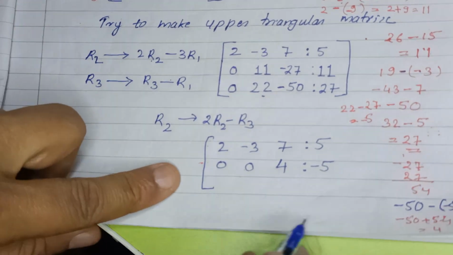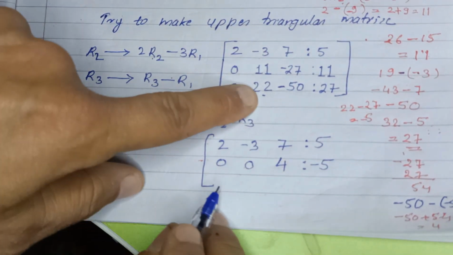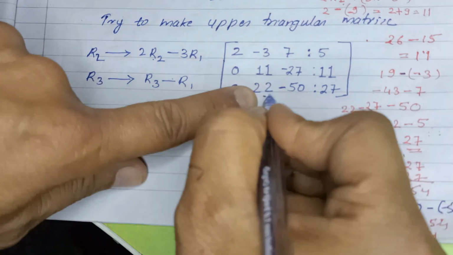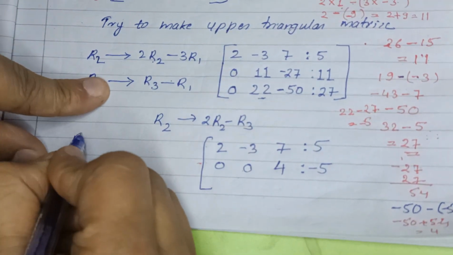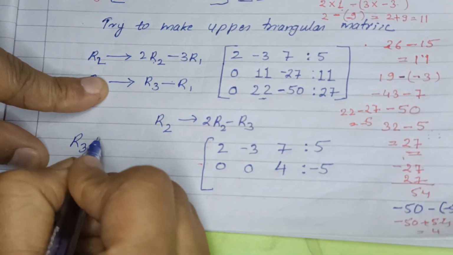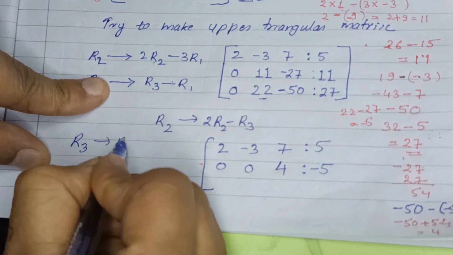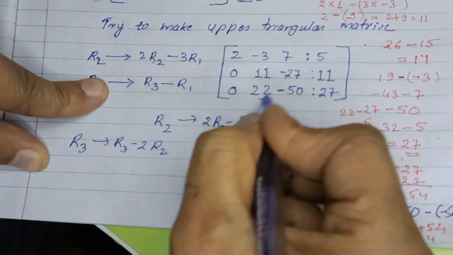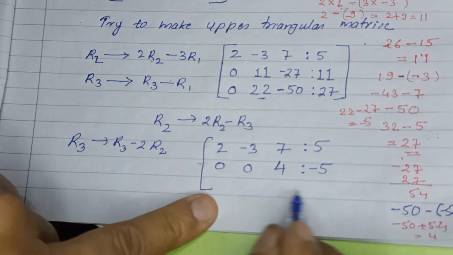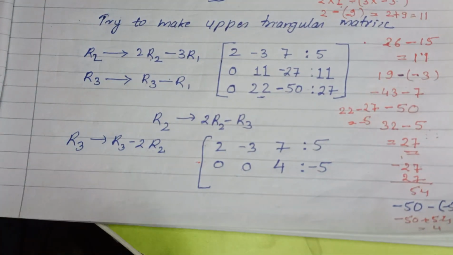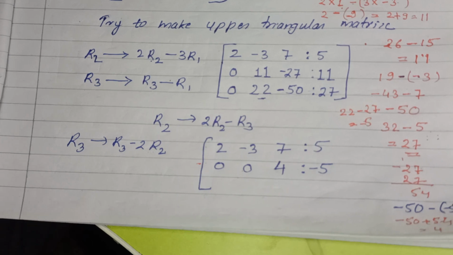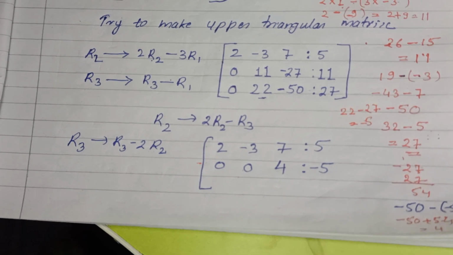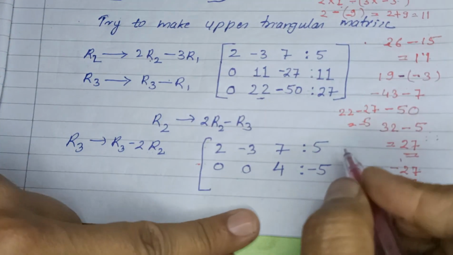So now for the last one, we can work on this also. That is R3. What I can do is R3 minus 2R2. The same thing I can do over here, and I can get the values so that it will be easy for me. Let me do some calculations also.